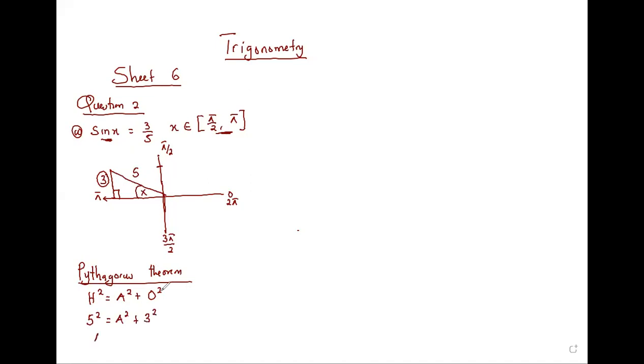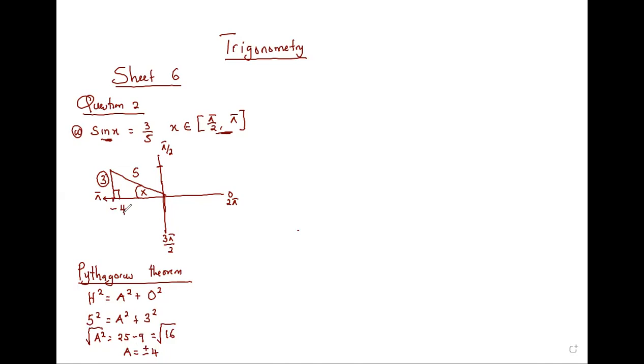So for us to know adjacent, we have 25 minus 9, which is 16. So we need to square root, so we have a is equal to plus or minus 4. Now between plus or minus 4, which value do we get? Now take note that the value you are getting is on the left of the y-axis. And any number this side of the x-axis is negative. So we pick the negative 4 as our adjacent.